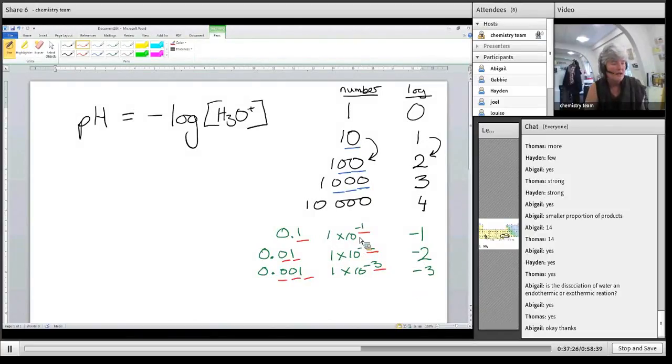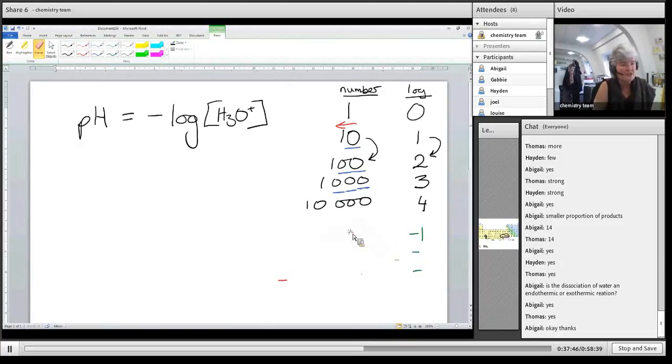Okay, the negative tells you we're now going in that direction, whereas the positive tells us we're going in that direction. Okay, so knowing that about logs, then what I want to do is now work out some calculations.